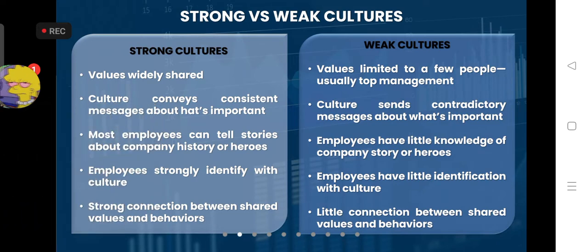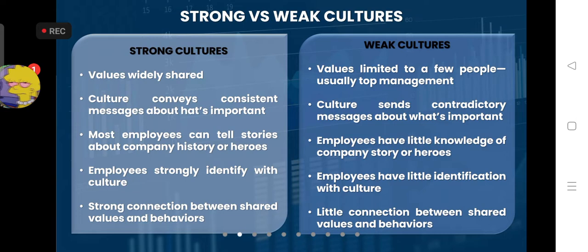So we have here the exhibit, strong versus weak culture. It is clearly seen that strong cultures, which we discussed earlier, have values that are widely shared, and the culture conveys consistent messages about what's important.